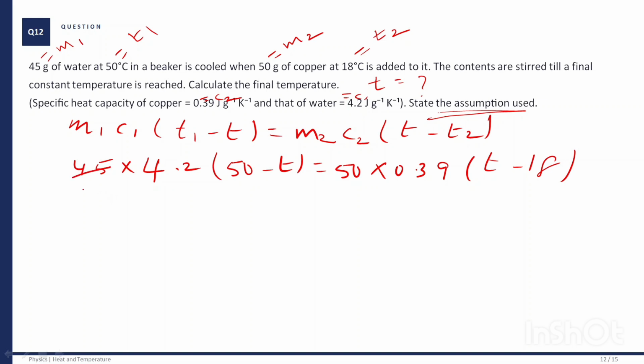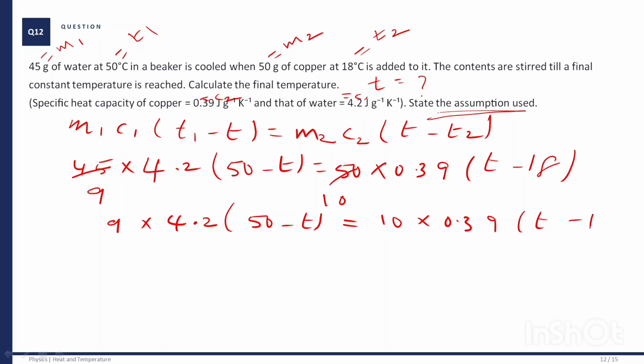Here I will use the five table. Five nines, five tens. Then I have the equation here: 9 into 4.2 of 50 minus T equal to 10 into 0.39 of T minus 18.